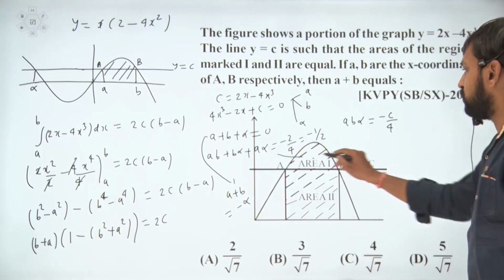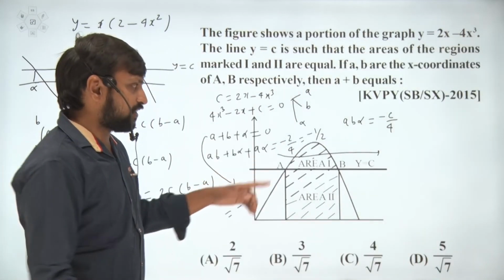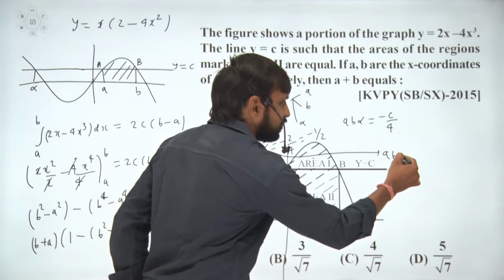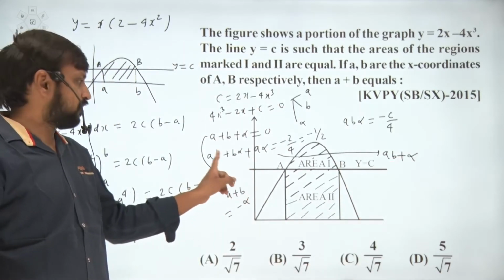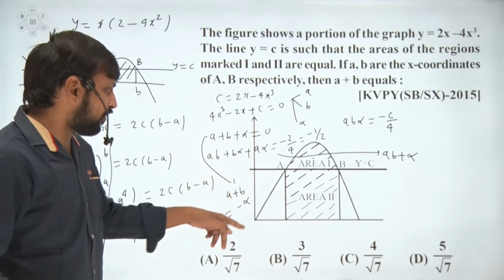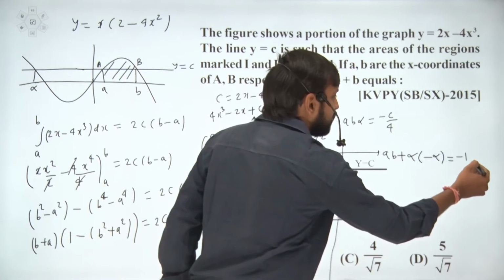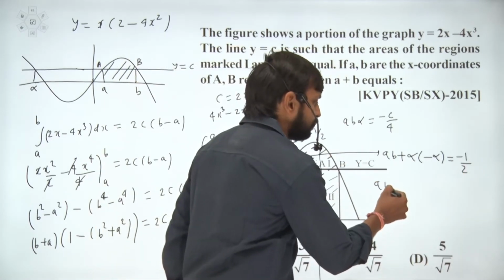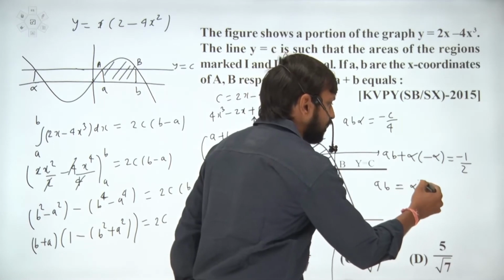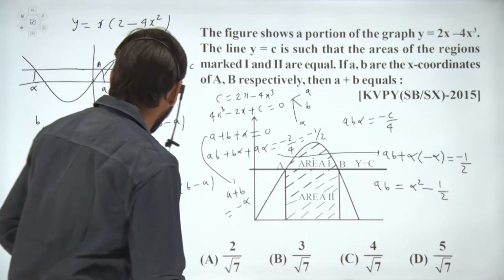Now from this equation we can say ab plus alpha times (a plus b), and the value of a plus b is minus alpha, that will be equal to minus 1 by 2. So from here the value of ab is equal to alpha square minus 1 by 2.